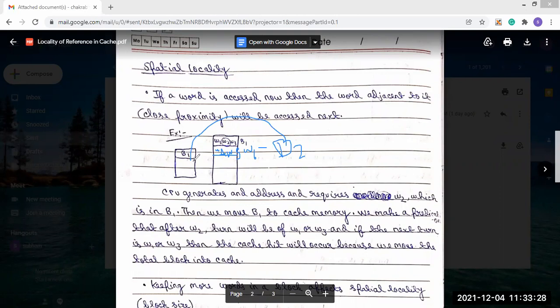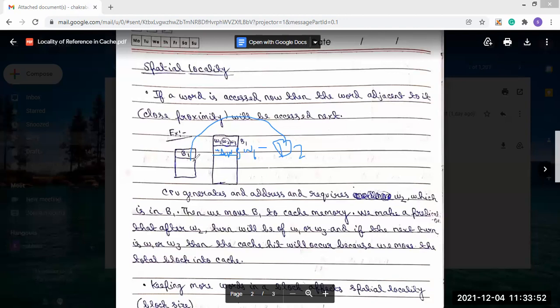So if we keep more words in the block, then a cache hit occurs, because all the words will be present in the cache. So there is no need to transfer the block from main memory to cache again, because if we move a word from main memory to cache, that means that word is not present in the cache right now.